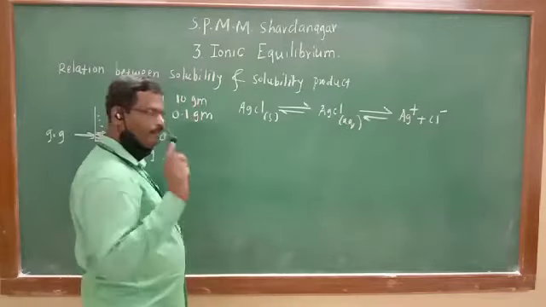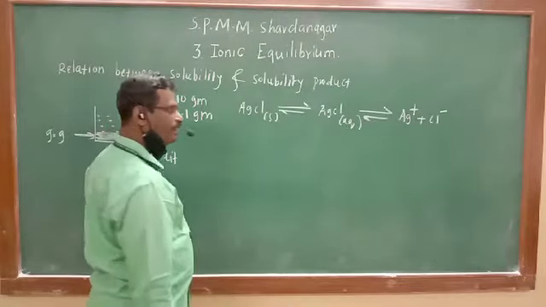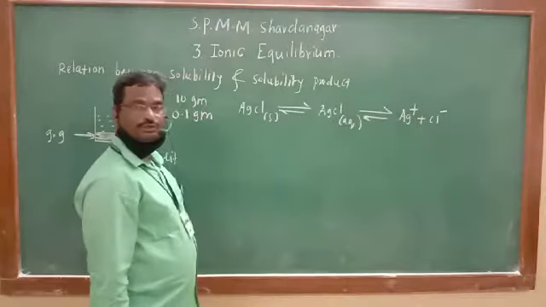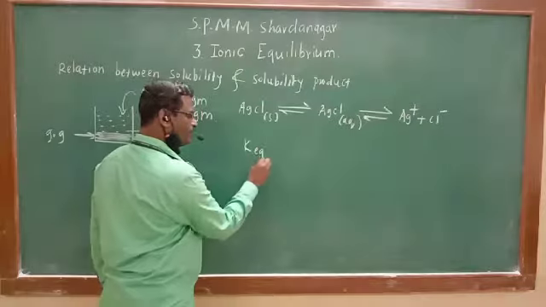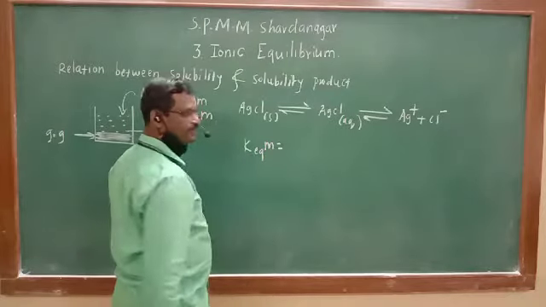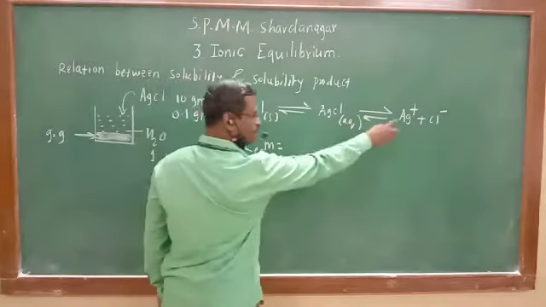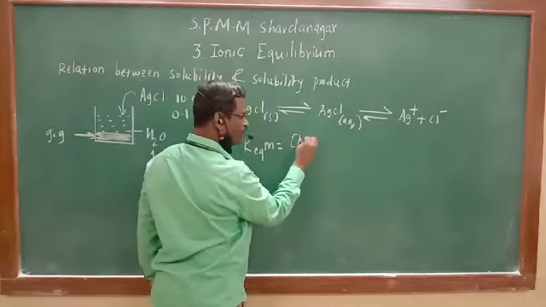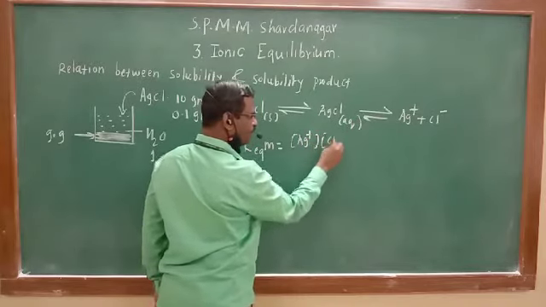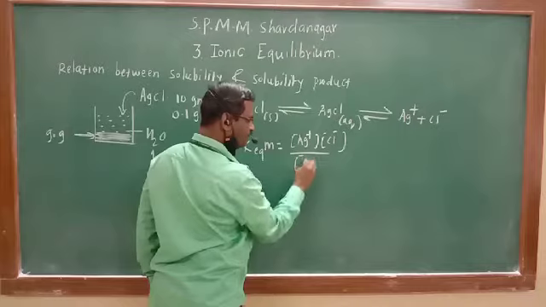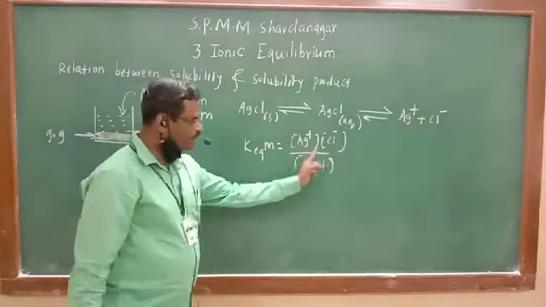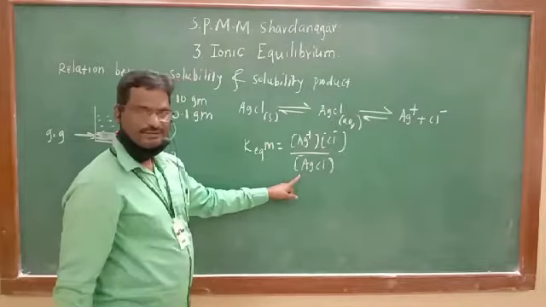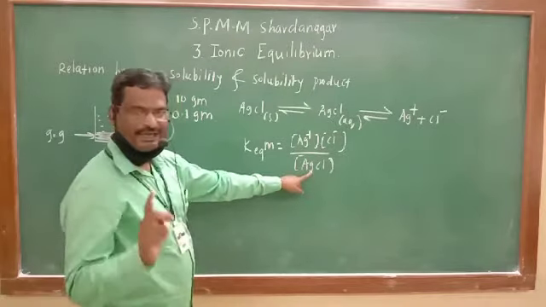We have seen the solubility product. By applying the law of mass action, the equilibrium constant is calculated, which is the concentration of product divided by the concentration of the reactant. But this concentration is always constant, so we take it as K dash.